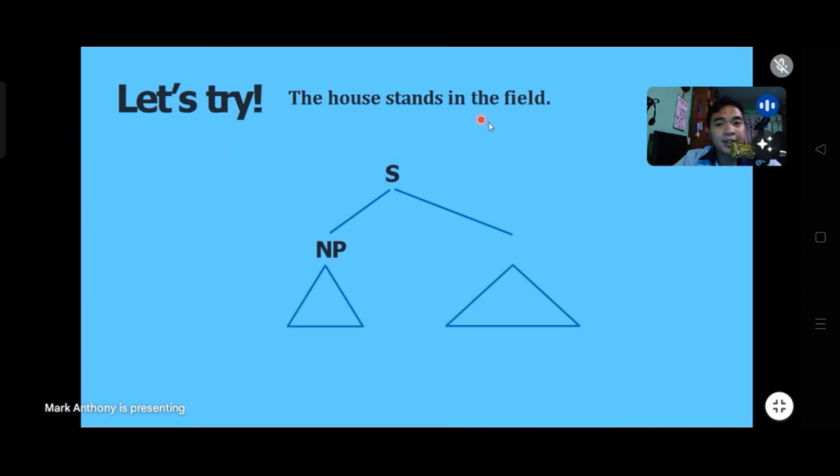The rest could be the predicate in the sentence, so it would be our verb phrase. The noun phrase would be "the house," and the verb phrase would be "stands in the field." So there you have it. That is our first basic structure rule in phrase structure.